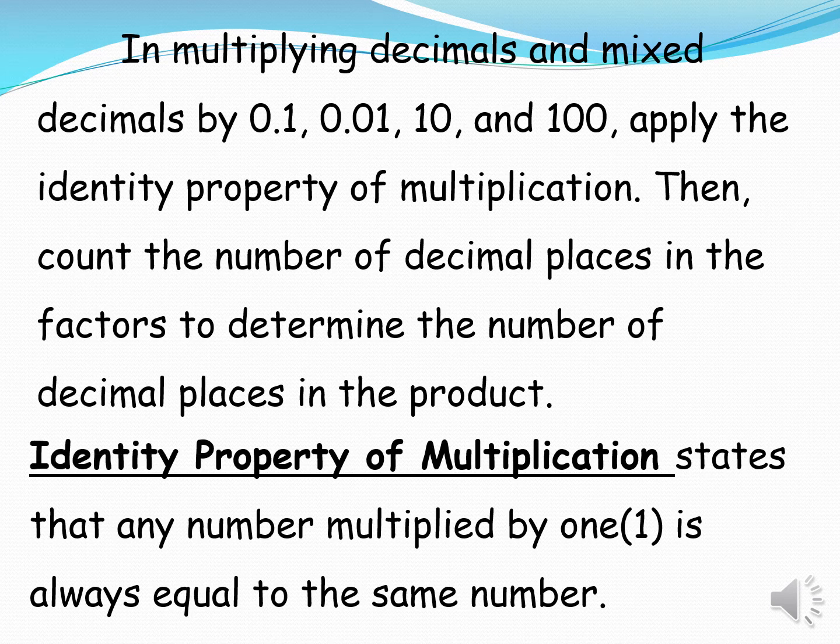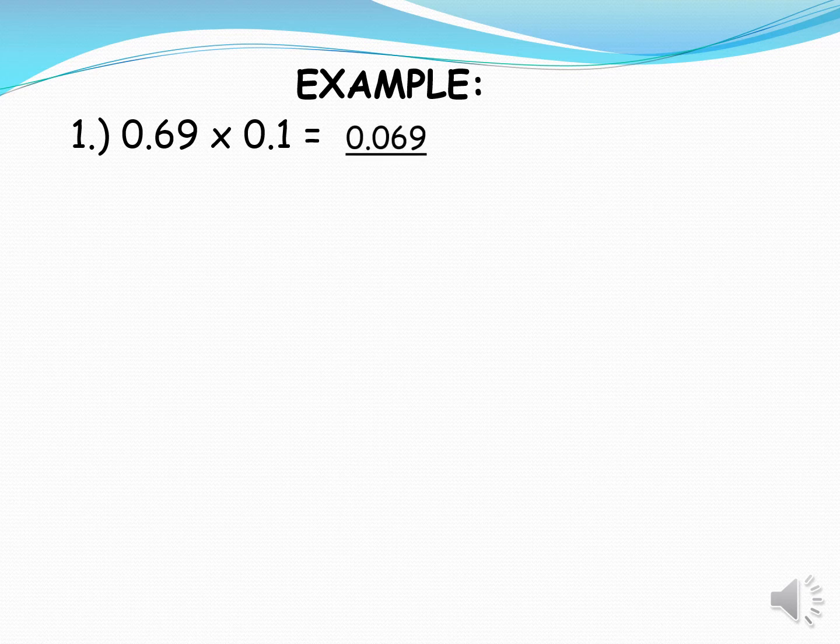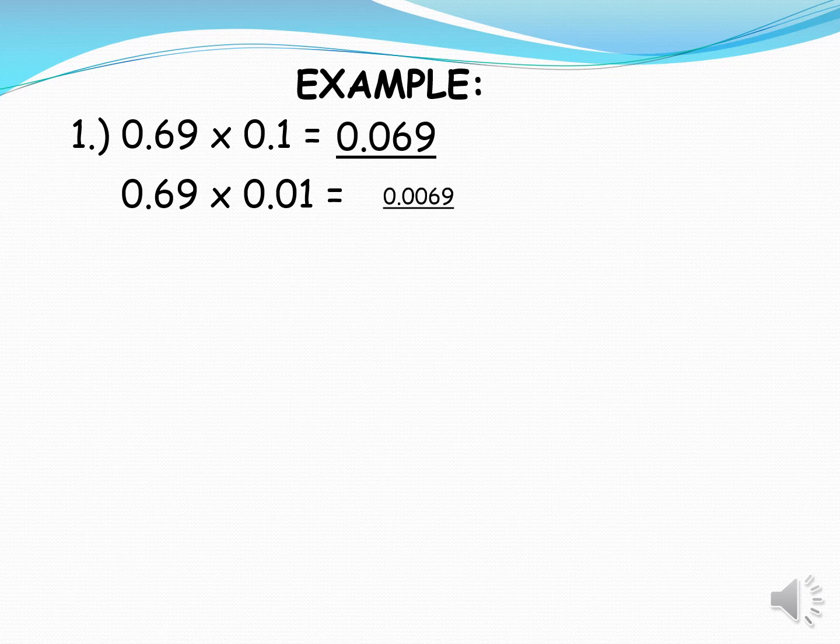The identity property of multiplication states that any number multiplied by 1 is always equal to the same number. Example number 1, we have 69 thousandths times 1. So that is equal to 69 thousandths. 69 thousandths times 100 is equal to 69 ten thousandths.